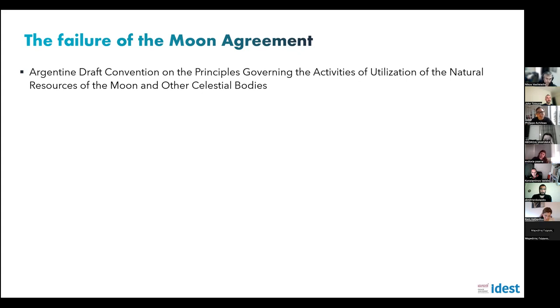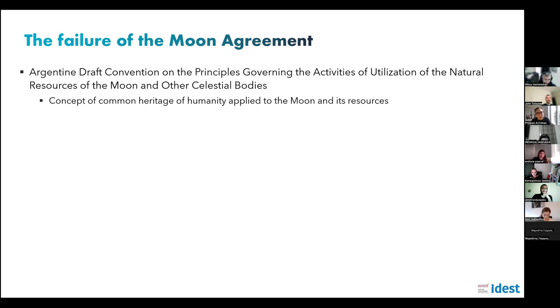So Argentina presented a draft convention on principles governing activities on the Moon and concerning resources of the Moon and other celestial bodies. And for the very first time, the document was introducing the concept of common heritage of mankind.